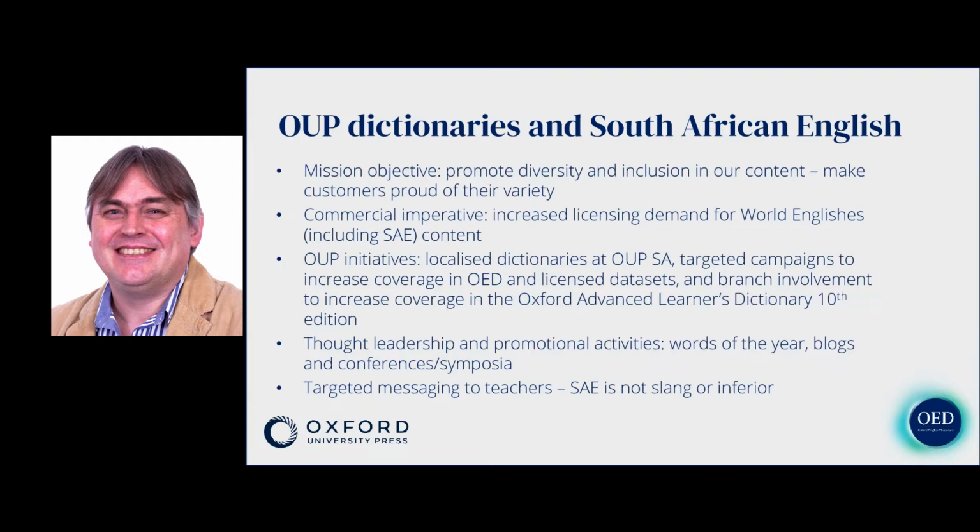But of course, a publisher like OUP South Africa also has a commercial imperative alongside the mission imperative. And so the need for localizing dictionaries initially was driven by that commercial imperative. And more recently, we've also seen an increased licensing demand for world Englishes, including South African English content.